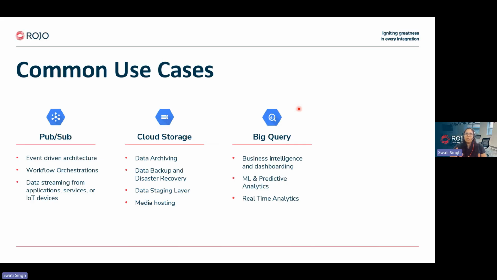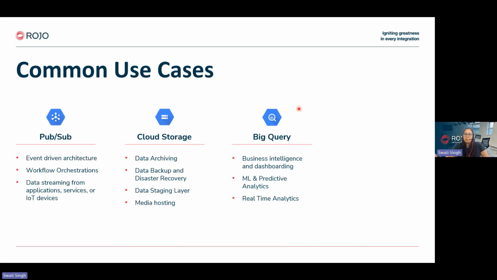So any workflow orchestrations that you do, or a lot of data, if it needs to be streamed, then Google PubSub plays a very crucial role in that. It's heavily used by big organizations and is trusted for scale. So you can really build good, solid workflows on top of it.